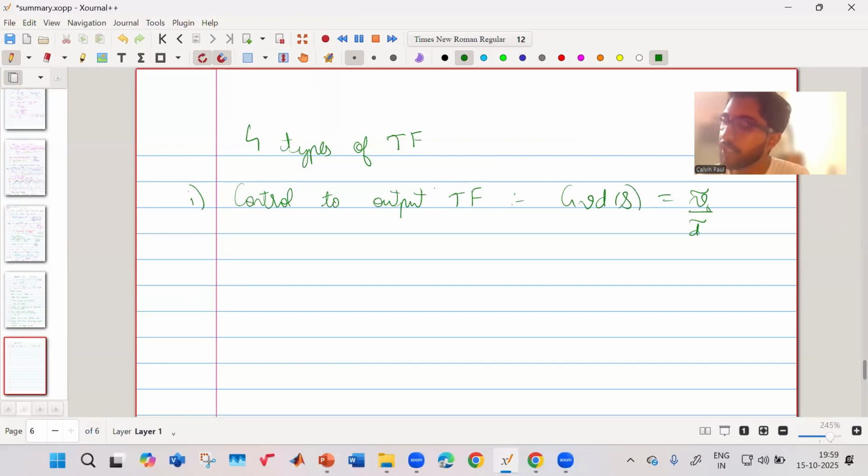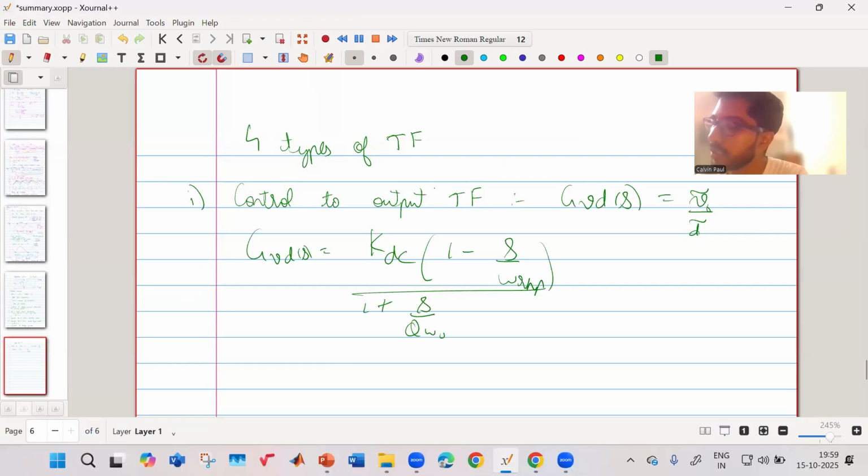This is your GVD of S, control to output transfer function. That GVD of S is given by your KDC into 1 minus S upon omega RHP, over 1 plus S upon Q omega naught plus S square upon omega naught square, right?